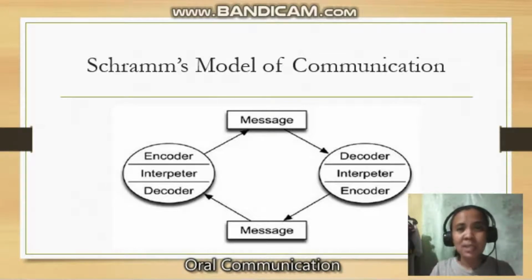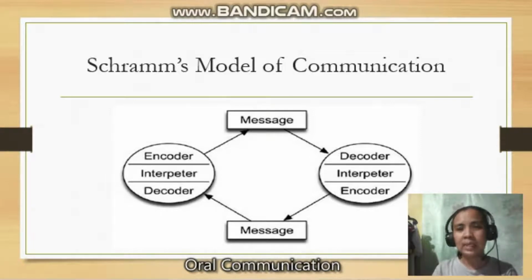And then when the message reaches the receiver, the primary responsibility of the receiver is to understand what the speaker wants to convey in the message. Unless and until the receiver is able to understand or decode the information that the sender wants to communicate, the message is actually of no use.